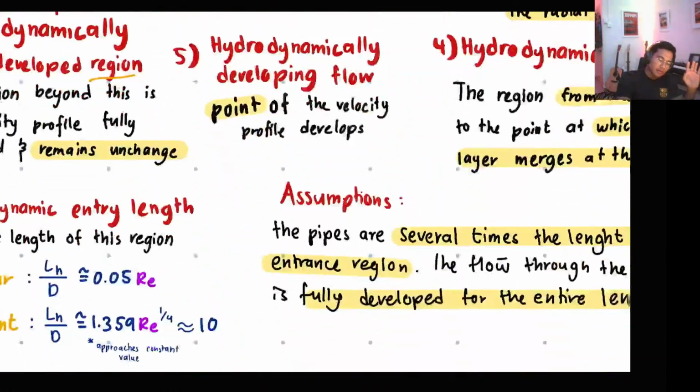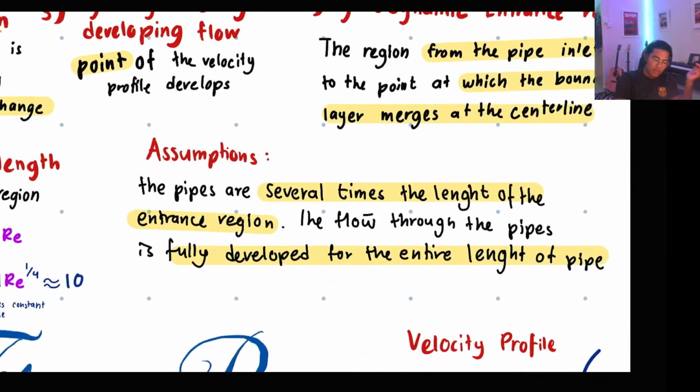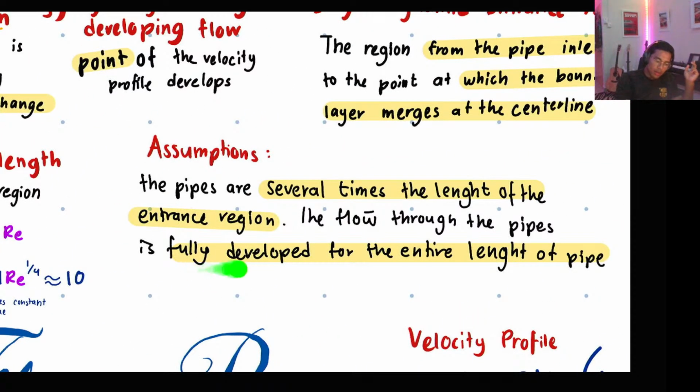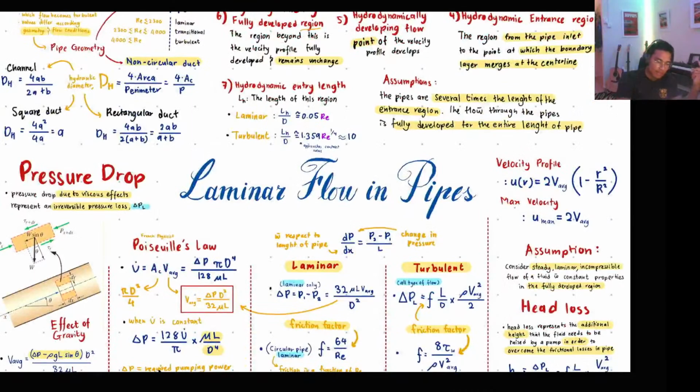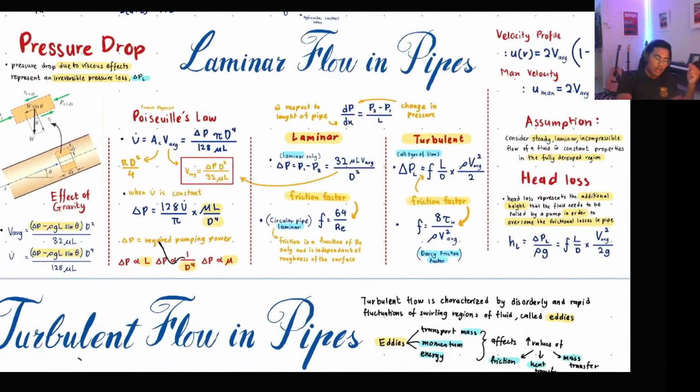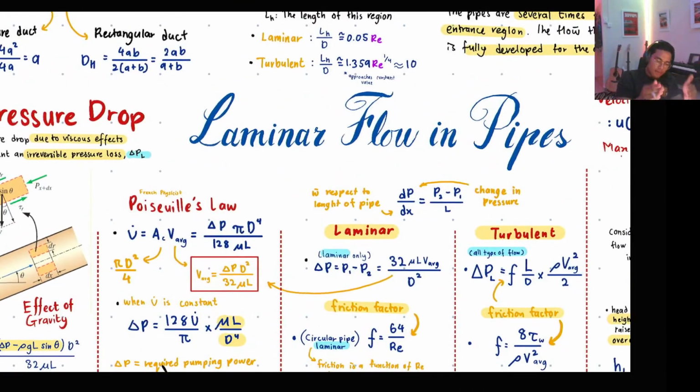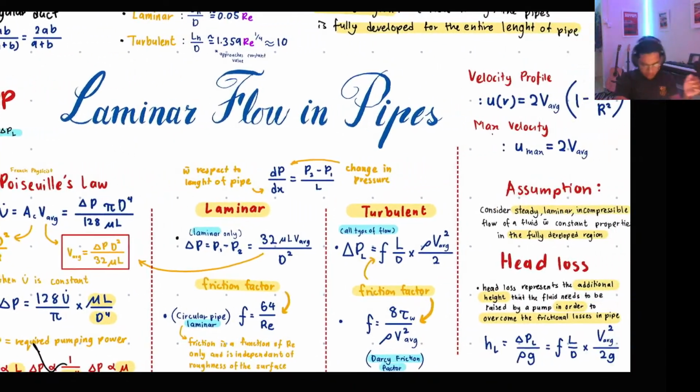The second one is that it is fully developed for the entire length of the pipe, which means there is no obstruction in front of the pipe. That is one of the assumptions for the entrance region. Now we go to laminar flow in pipes.